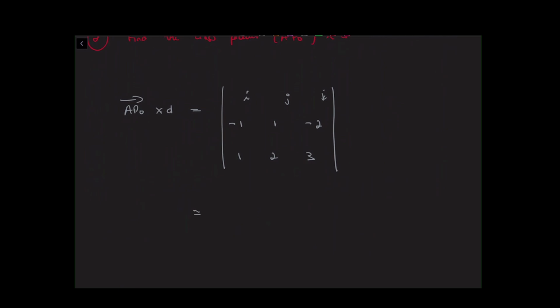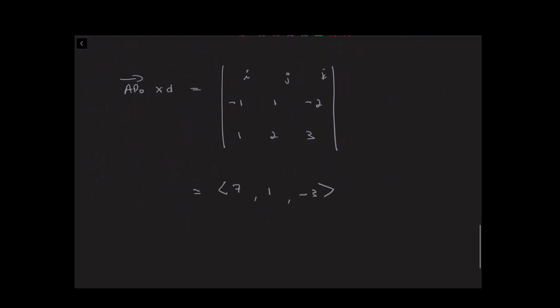So I get my first term here as 7. The next term will be -3 plus 2, which is -1. Negative of -1, so I get +1. And the last term will be -2 minus 1, which is -3.